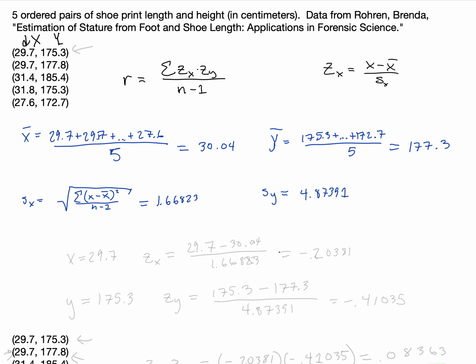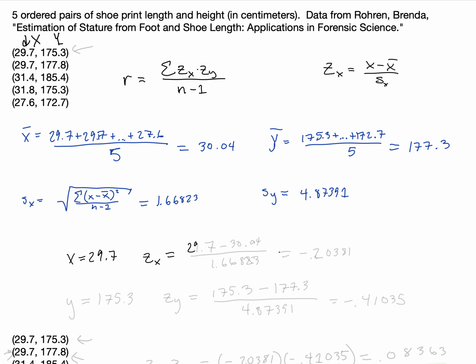4.87391. Okay, so now we need to find the z-score for each of these data values, and we're multiplying the product of the paired z-scores together. So for the first data value, x equals 29.7. We can find the z-score for x.